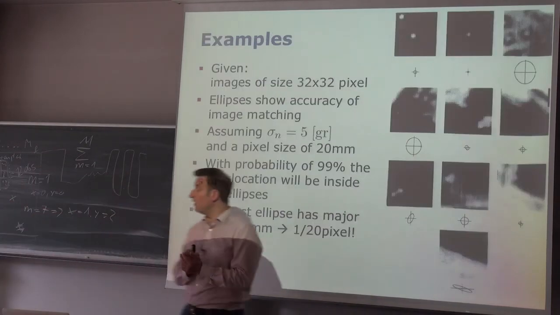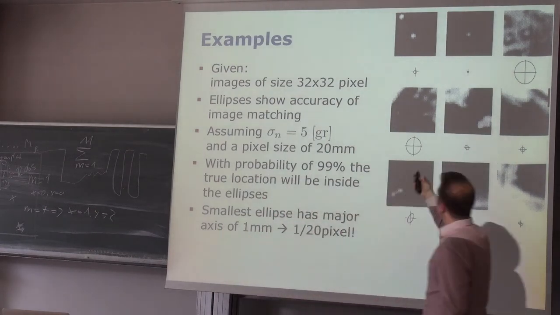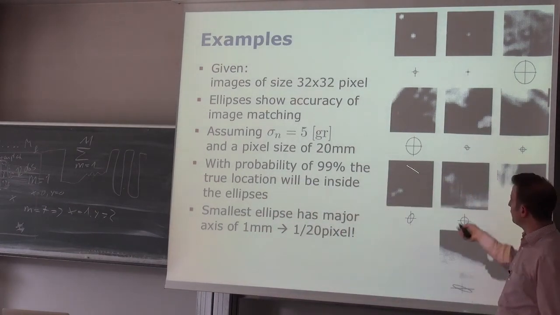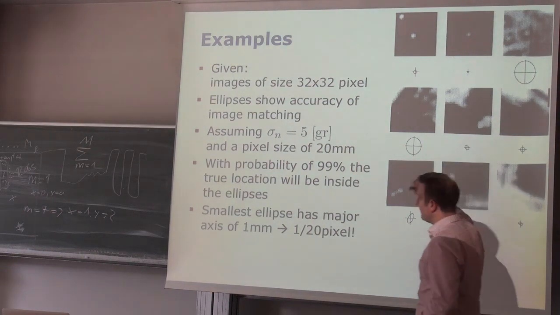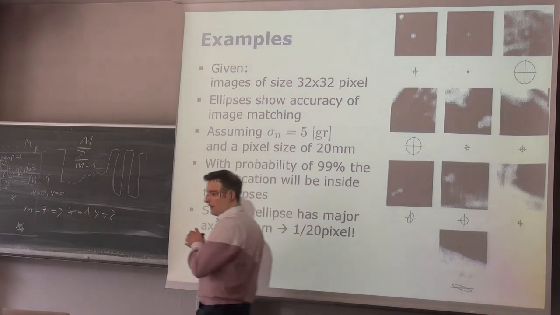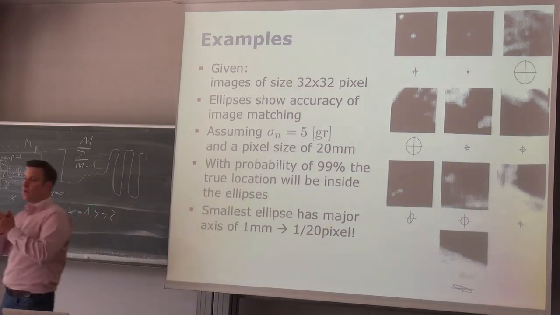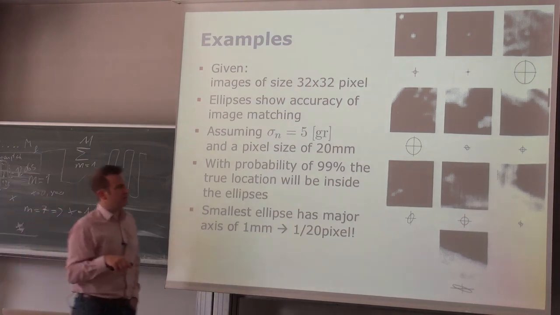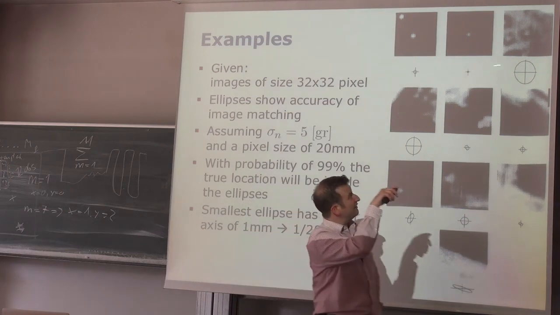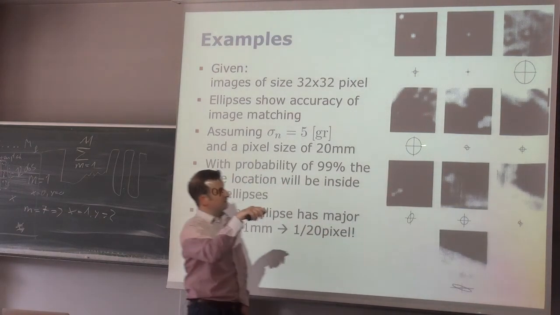Now, just an example, what we can actually do with this is, if we have images of a certain size, so in this case 32 by 32 pixels, I can actually estimate, based on this, how well I can align them with another image. You can actually see, based on the structure of the image and the gradients that we have, we get different uncertainty ellipses illustrated over here.